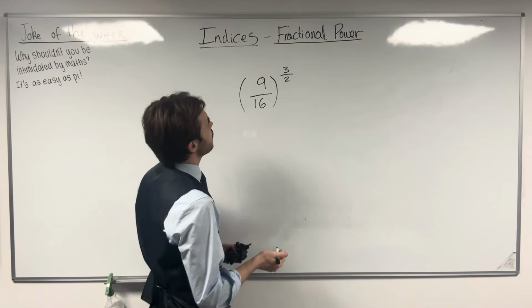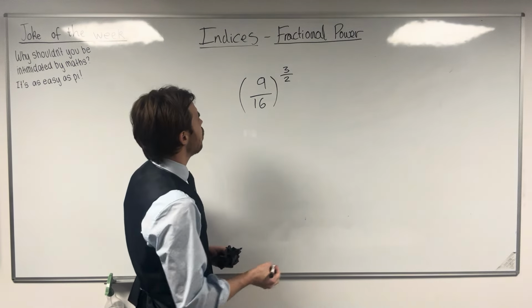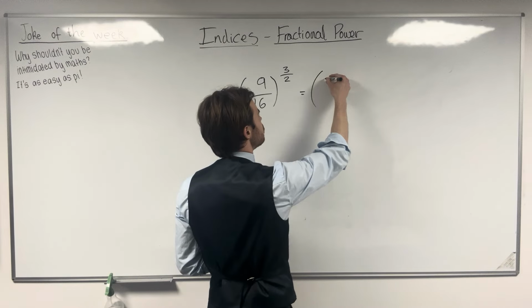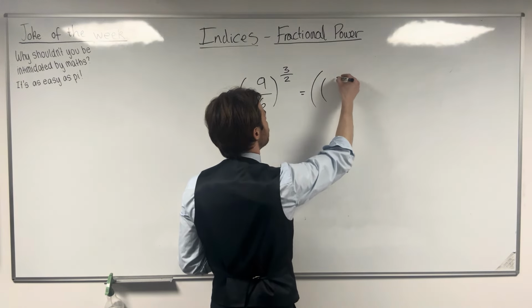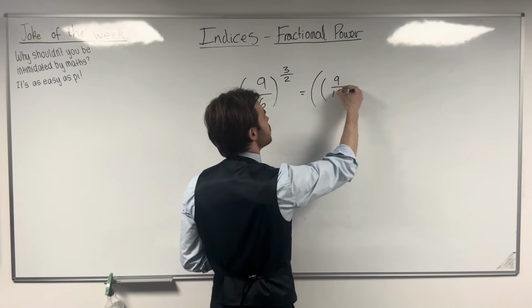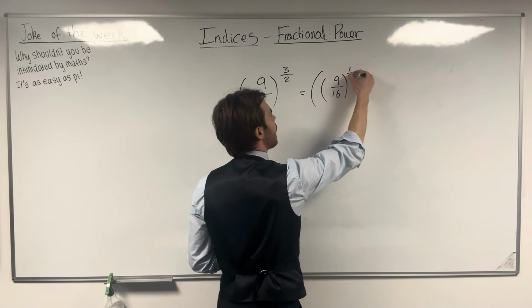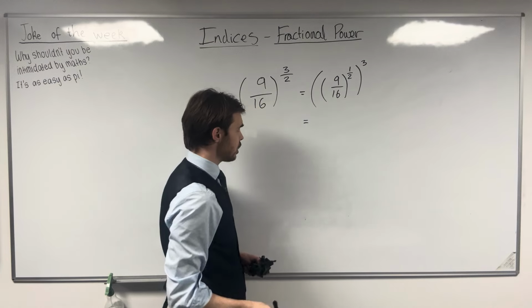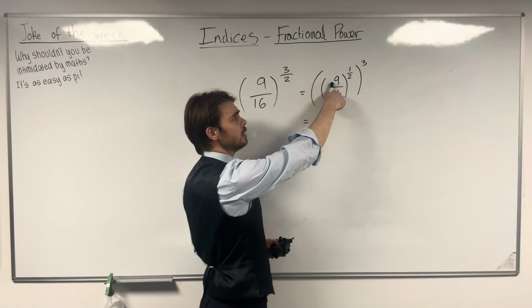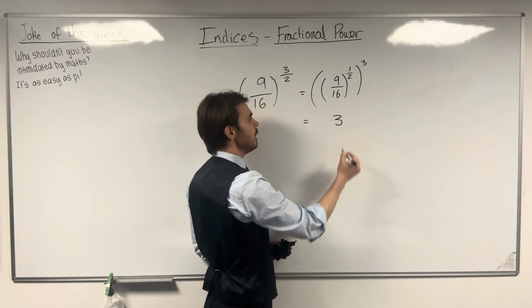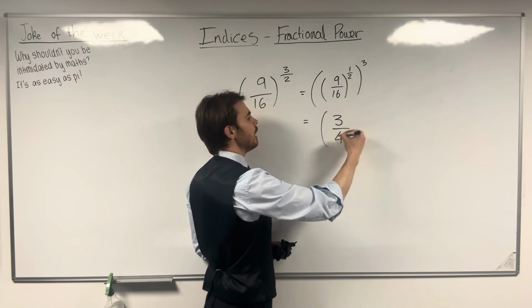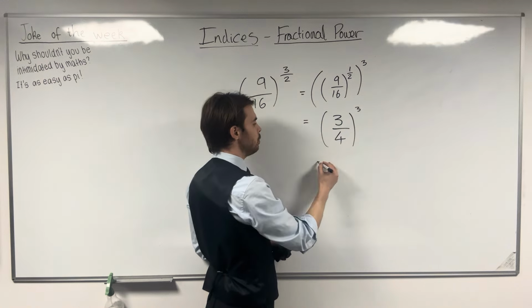Now the rewriting bit gets a bit messier when you've got this, but I'm going to try and be as clear as possible. I would have to do another bracket in here, I believe. Yeah, that's going to look the nicest. So I've got a half power acting on both of these, and then I'm going to cube it. So the square root of 9 is 3, and the square root of 16 is 4, and then we've got that cube power.